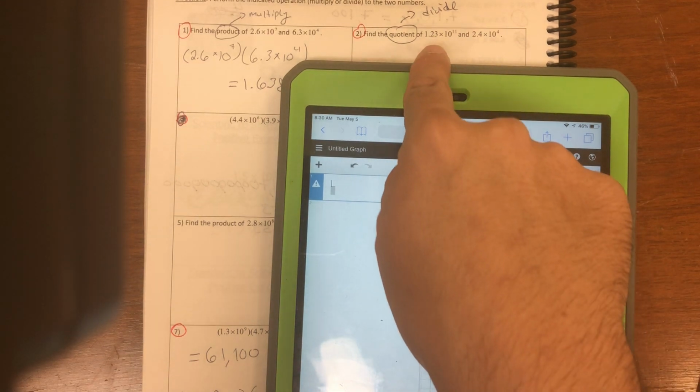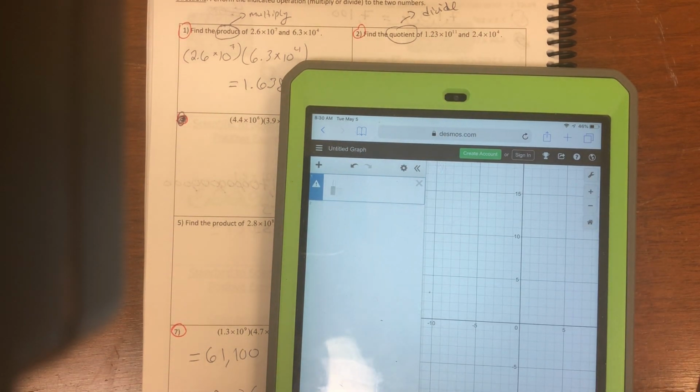And at the top, I'm going to type in the first scientific notation, and make sure you put parentheses. 1.23 times 10 to the power of 11. Close your parentheses. Now go to the denominator. Type in the second scientific notation, which is 2.4 times 10 to the power of 4. Scroll over so you can close your parentheses, and there's your answer.